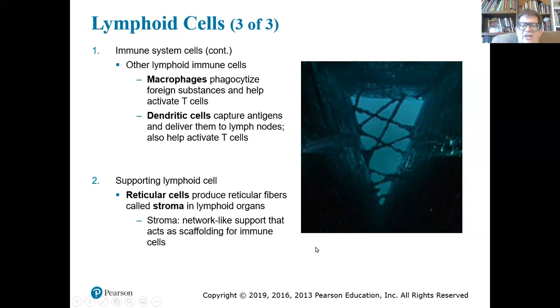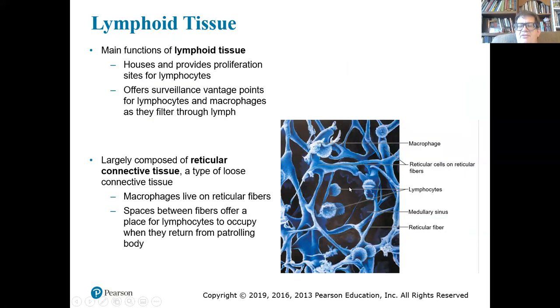Well, the reason I mention that, if you look at the next slide, this is an electron micrograph. This is the inside of a lymph node, and those reticular fibers are made by reticular cells, and they have lymphocytes living on them, sitting there, waiting for something bad to go by, and then they'll jump off and attack it.